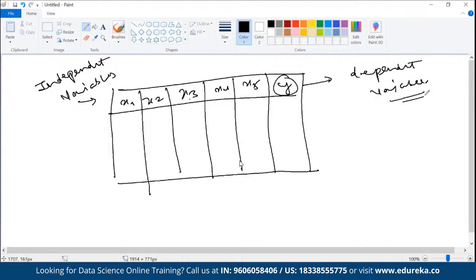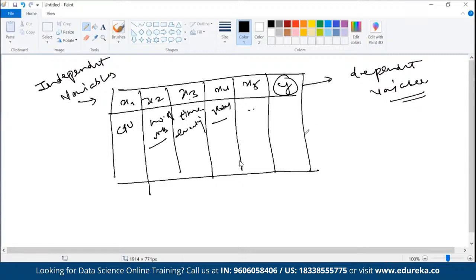Okay, so I can take one example here. Let's say that x1 is the CPU utilization, x2 is the number of VMs running, x3 is the time since how long it's running, and x4 we can also talk about RAM, and other things. So now what is this y?